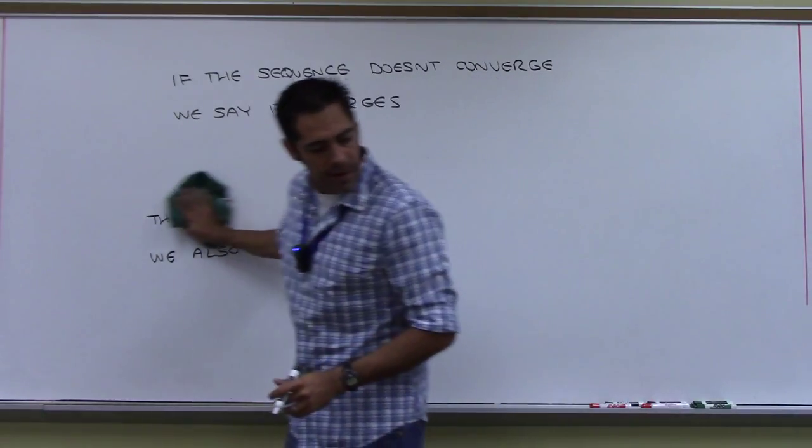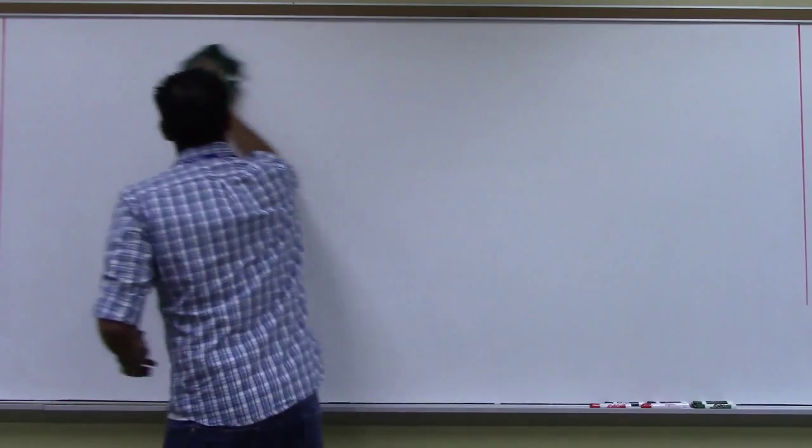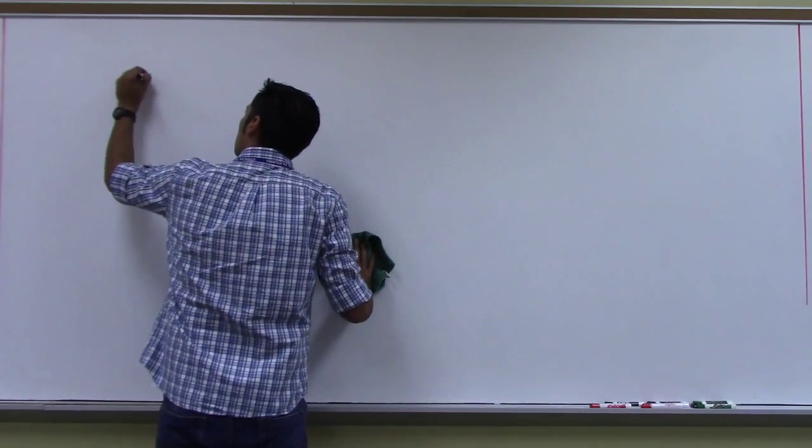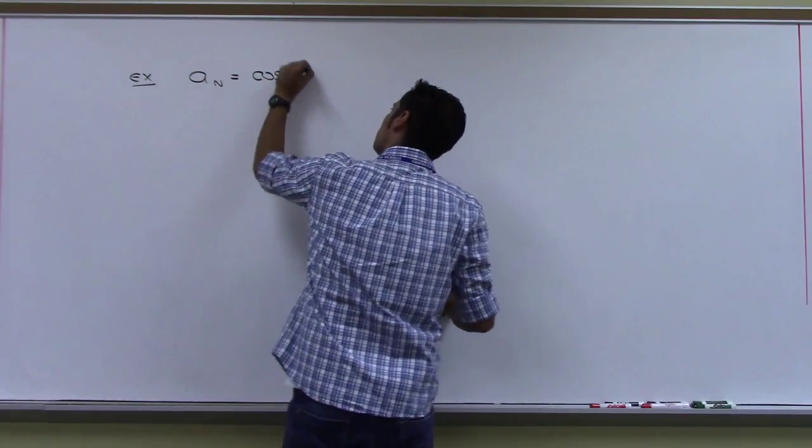So let's take a look now at another example. The sequence, I'm going to define it to be cosine n.